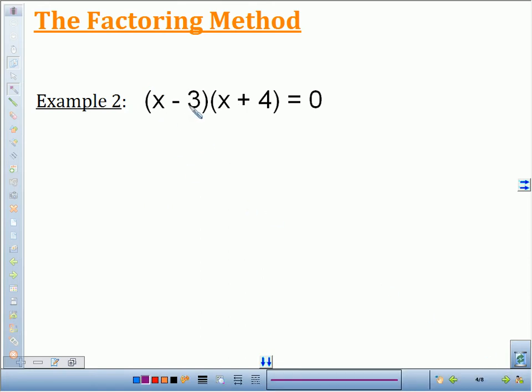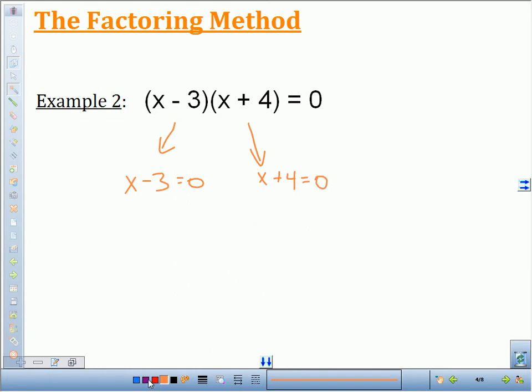Here we have x minus 3 and x plus 4. So x minus 3 times x plus 4 equals 0. And again, if we were going to solve this using the graphing method, we would graph this equation and see where it crosses the x-axis. But what we're going to do instead is use the factoring method. The zero product property says that x minus 3 equals 0, since this equals 0, or x plus 4 equals 0.